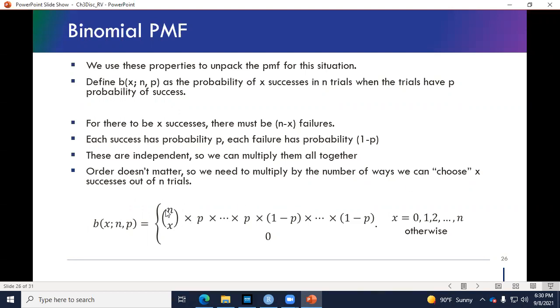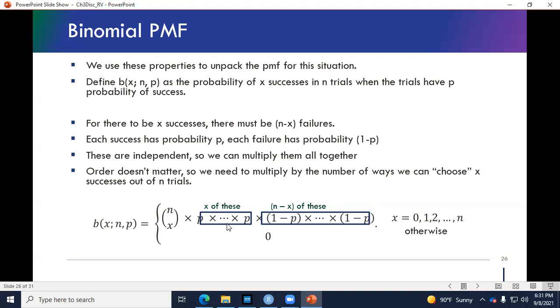We would choose, how to say this, n choose x. This n choose x gives you the number of different combinations of having X successes out of these n trials. Then you multiply by the probability for each individual outcome. We have X of these with probability P, being successes, and N minus X of these being failures.